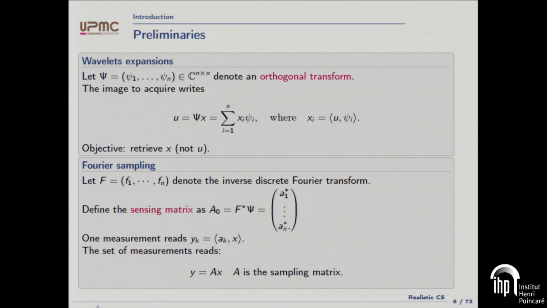So finally, you don't take every row of A0, you just take a subsample of it, and then you look at yk, which is your kth observation, and this is just the scalar product between ak, some random row selected in A0, and x, the wavelet coefficients of your image. So finally, you can model your subsampling step with y equal to Ax, where A is a rectangular fat matrix, okay?